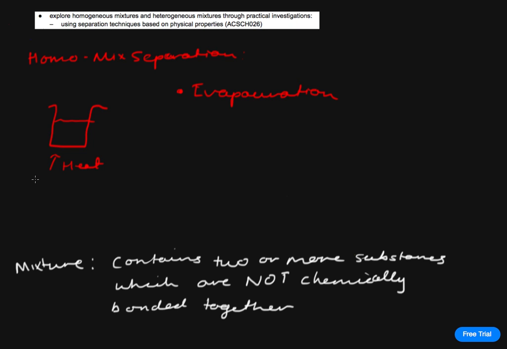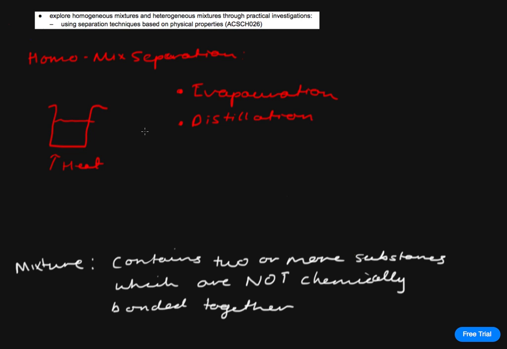Now, there could be a bit of a problem if we actually want to separate them and retain both of those liquids. So, to introduce a slightly more complex separation technique for liquids, we'll say distillation. You will learn distillation in far greater detail, either now in class with a practical or demonstration, or further down the line.